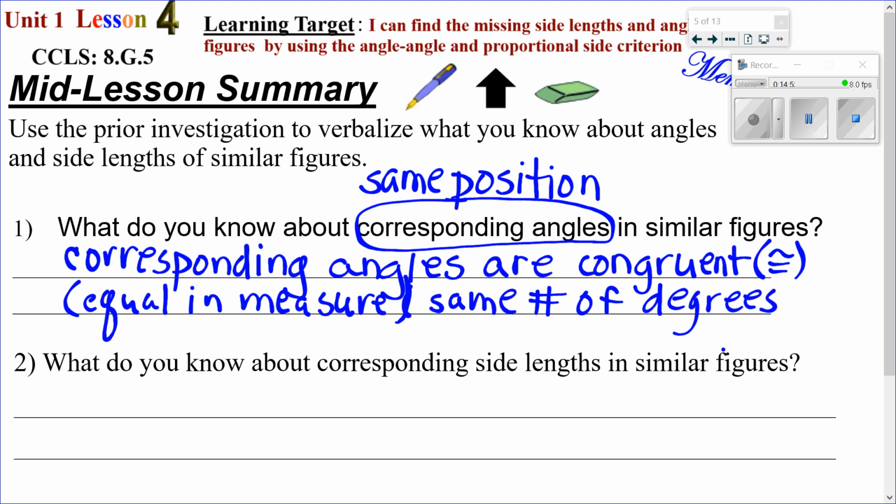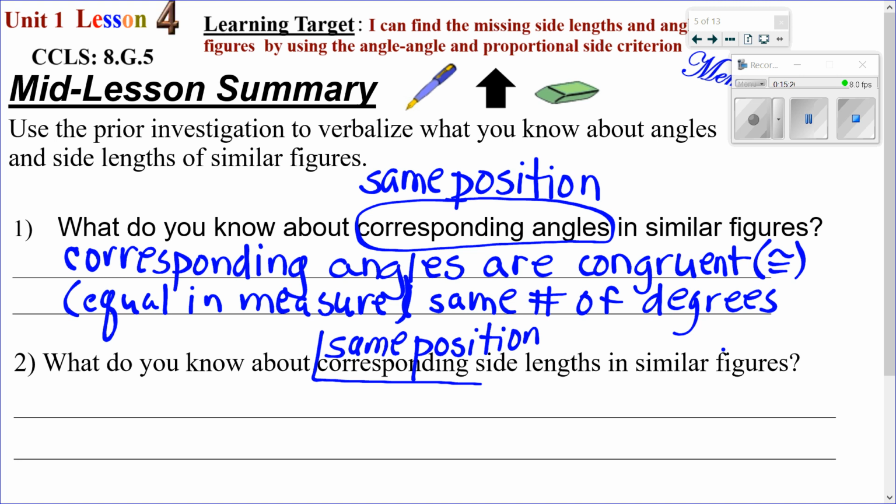Now, the next one says, number 2, what do we know about corresponding side lengths in similar figures? So corresponding means they hold the same position. And we saw from our previous example, where you had 15 is to x and 10 is to 8, that their side lengths, corresponding side lengths, are in proportion.